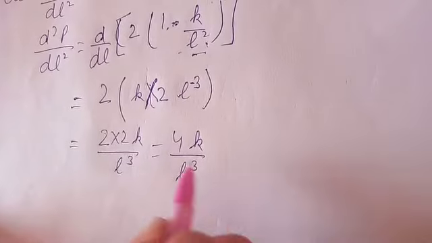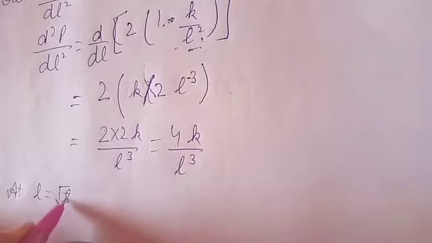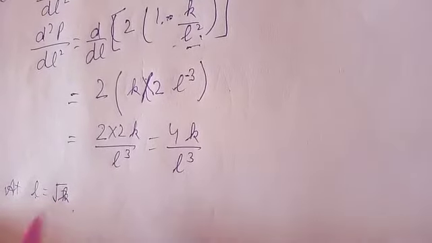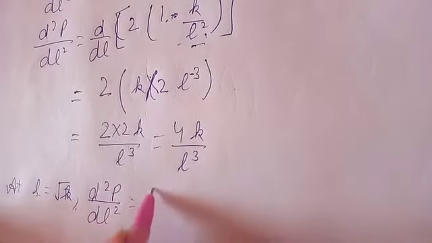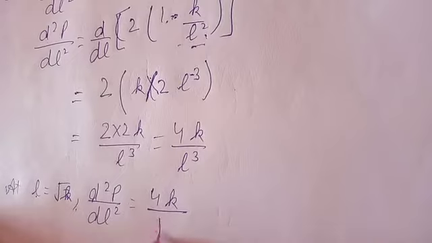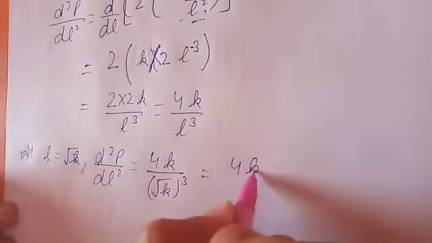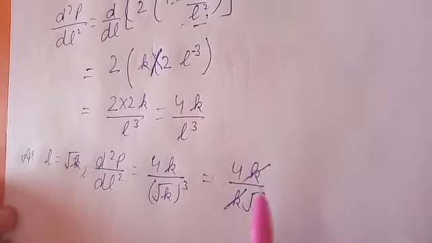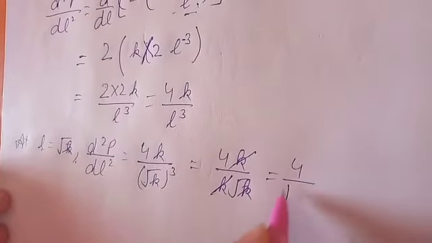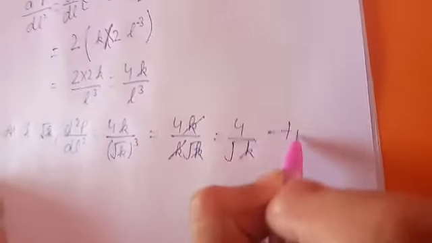Okay, and at L equal to root K, we have to put L equal to root K here. My d square P by dL square becomes equal to 4K by root K power 3, that is K into root K. This K cancels this K. So I get at last my d square P by dL square is 4 by root K, and that is positive.